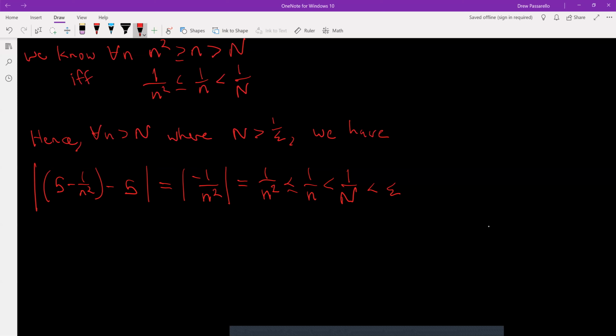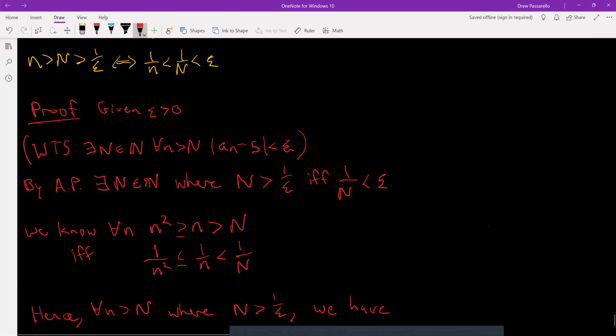That basically completes the proof. Thus we've found an N such that our sequence a_n minus the limit 5 is less than epsilon for capital N bigger than 1 over epsilon, and for all little n bigger than capital N.